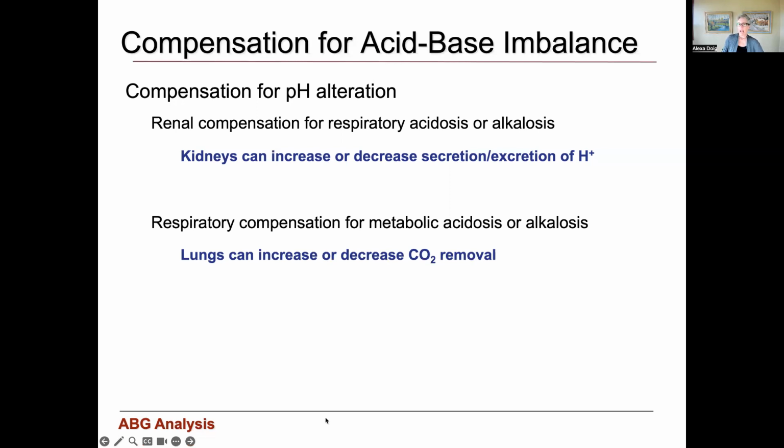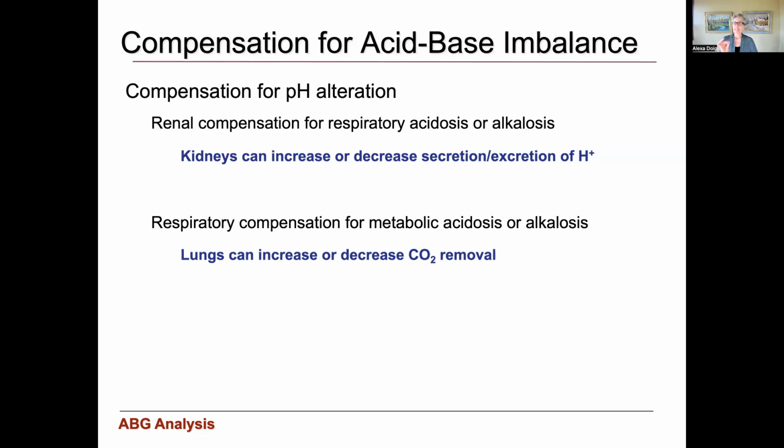If a patient has what we call a metabolic acidosis or alkalosis, which is a non-respiratory acid-base disturbance, it's possible that the lungs can help. Let's imagine we have a patient in kidney failure and they're starting to develop a metabolic acidosis. The lungs can do something, right? They could get rid of carbon dioxide.